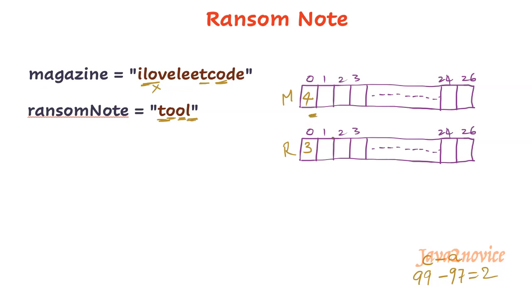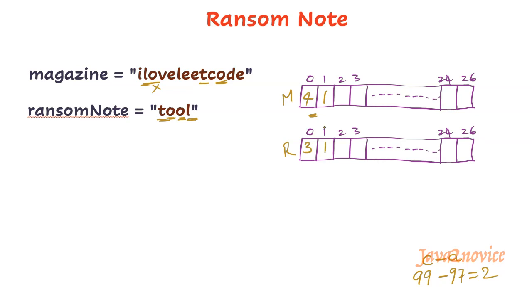We have only one B character in the magazine. Also assume that we need only one B character for ransomNote. This is how we compare character counts from both arrays and validate whether we have enough characters available in the magazine to construct ransomNote or not.